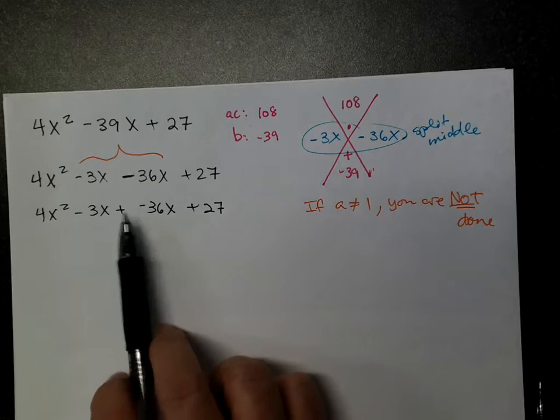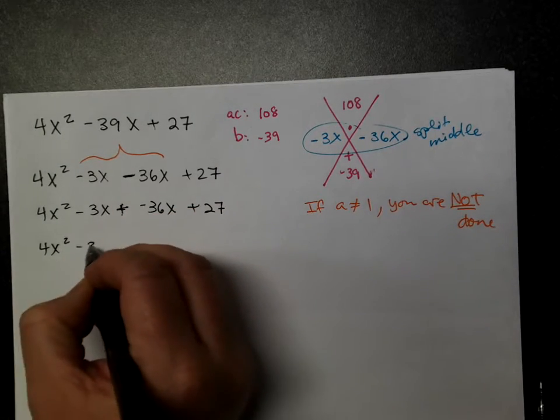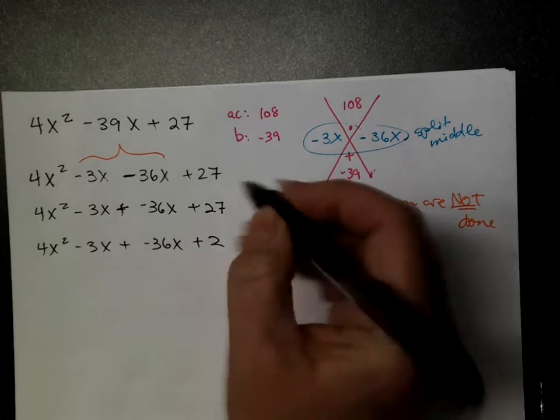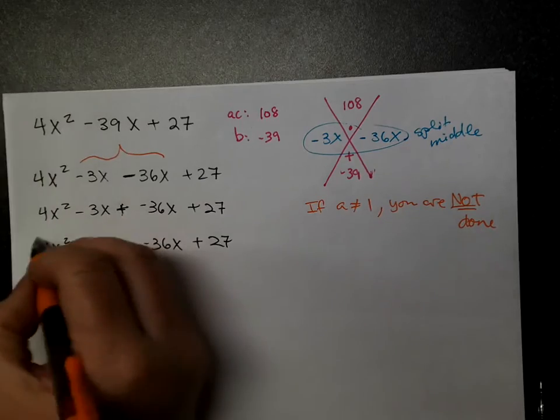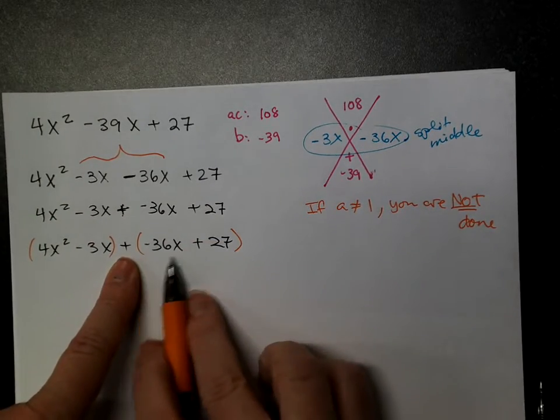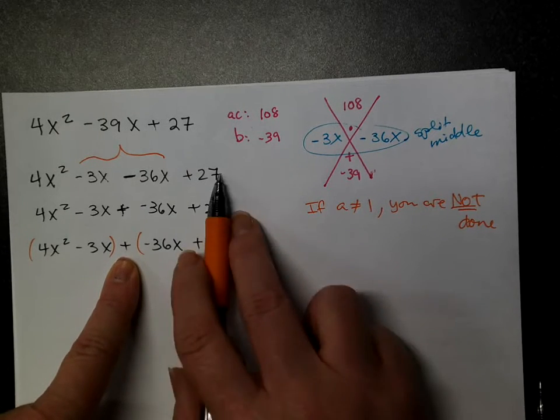But by doing that, keeping that plus in the middle, when you throw your parentheses up around your two groups, and I was writing it separately so we can see the progression, if there's a plus in the middle, then this is still negative 36x, check, and this is still positive 27, check.